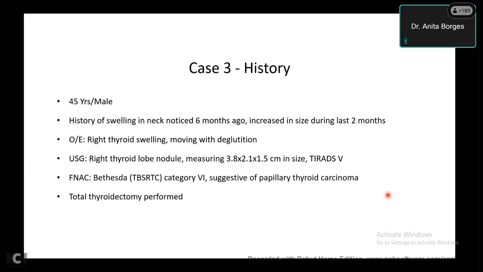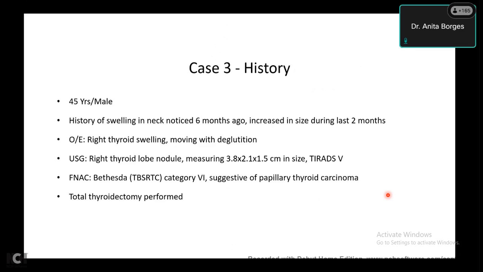So why don't we use common sense and risk adapted treatment rather than get into the convolutions of what this is all about? And that's, I think, what Shiv Kumar was saying, that you use risk adapted decision making for patients who have got solitary nodules in the thyroid. If you have multiple nodules, the question doesn't arise.